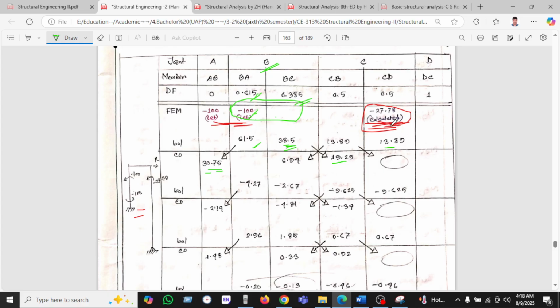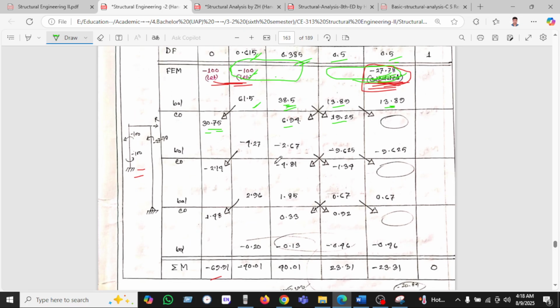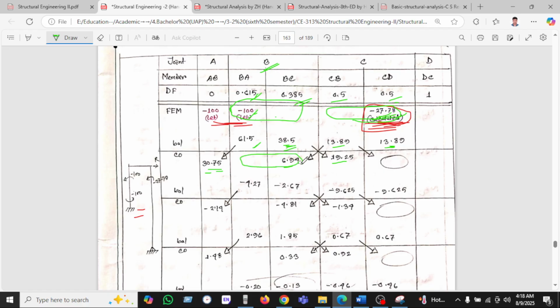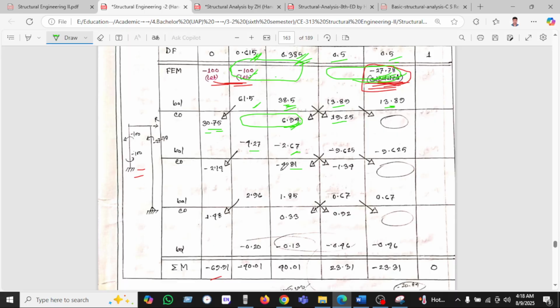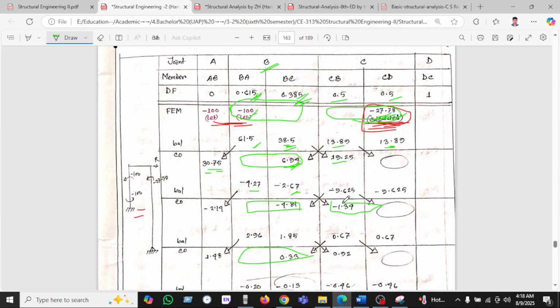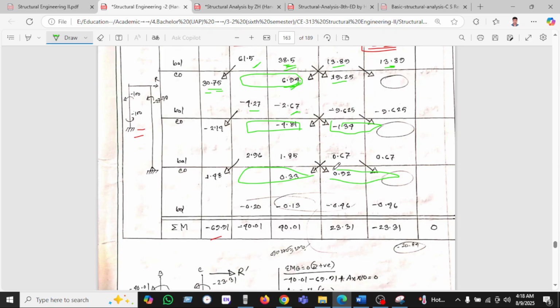And point C, we have seen point C, 27 into 0.5, which is 13.89, and carry over is 5. So now here the same as it is, and in the same way this, and the same way this, and the same way this.